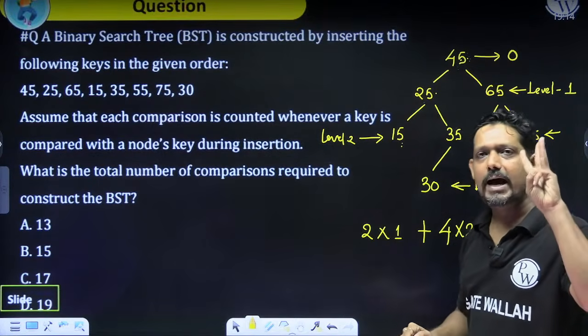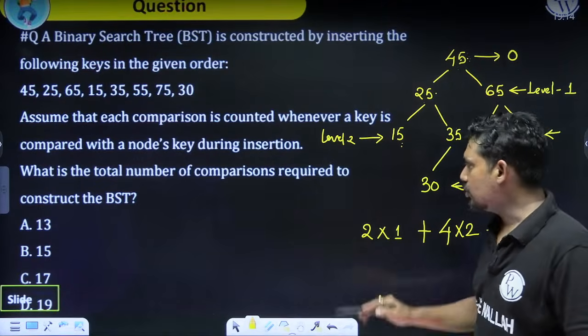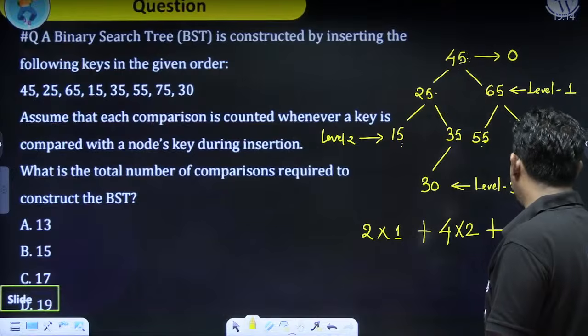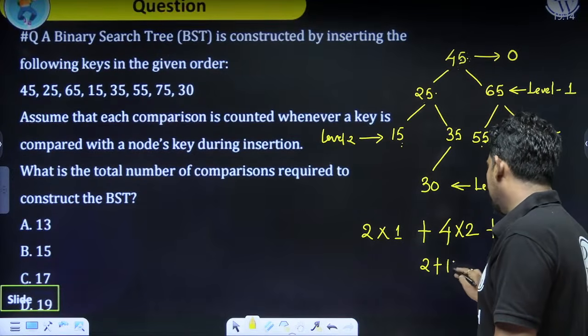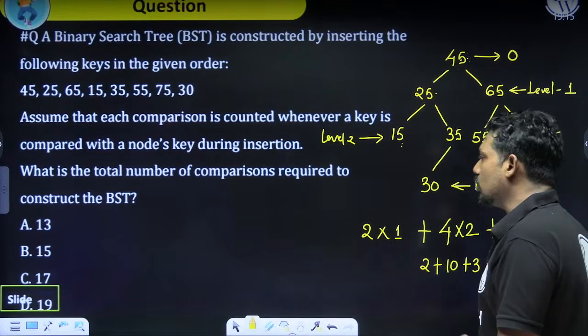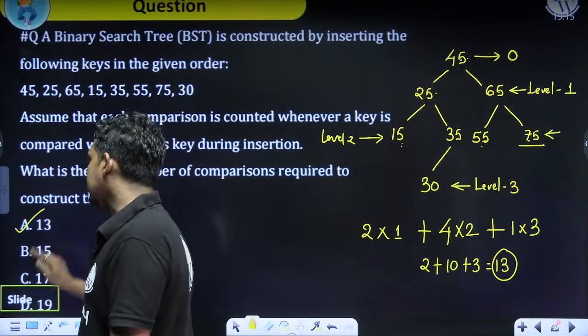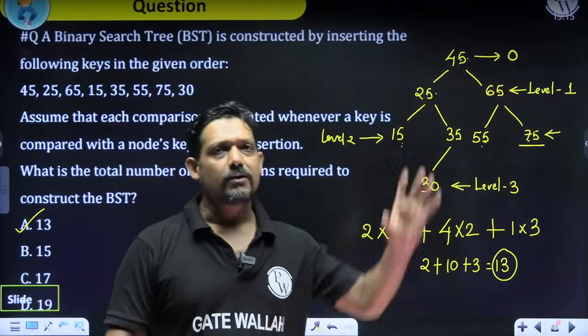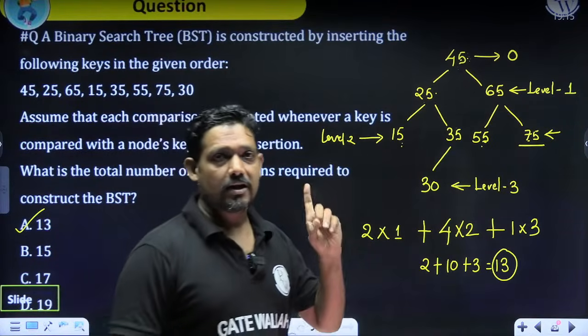So for 30 it will be 1 element requiring 3 comparisons, and that goes to 10 plus 3, that is equal to 13. So total number of comparisons required in this case is 13. 13 comparisons will be required to construct this tree.